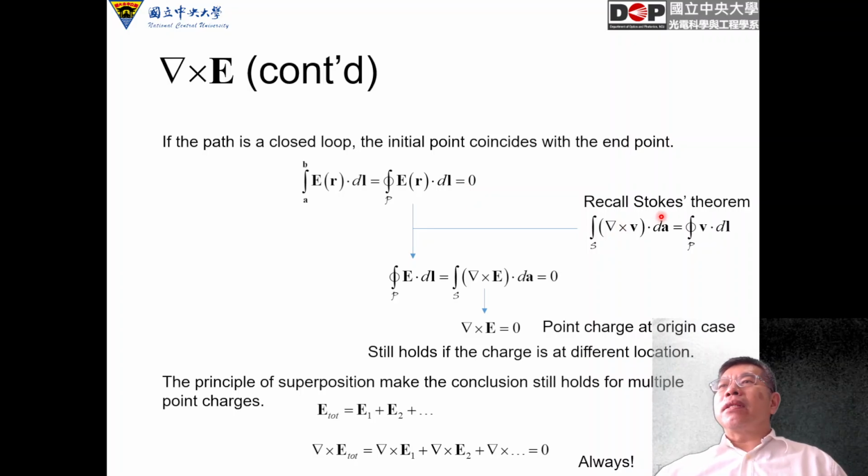Then we recall Stokes' theorem. This entire thing can be replaced by the surface integral of the curl of this field. Since this is 0, the curl of E must be 0. So that's the idea.